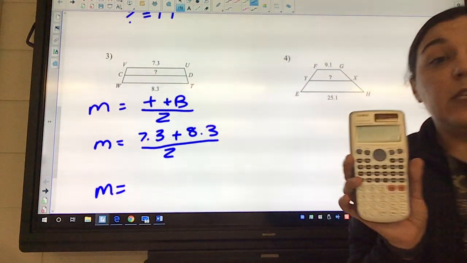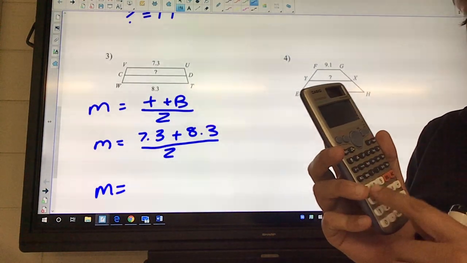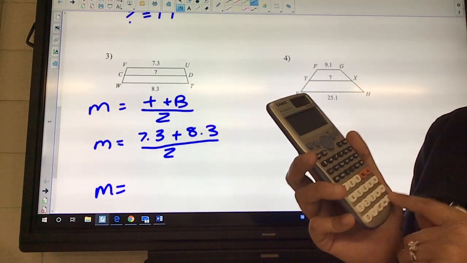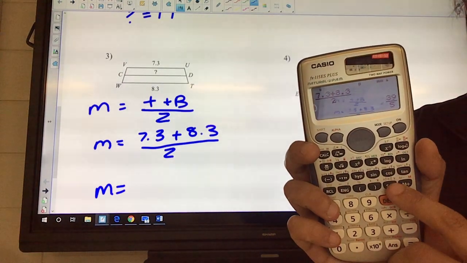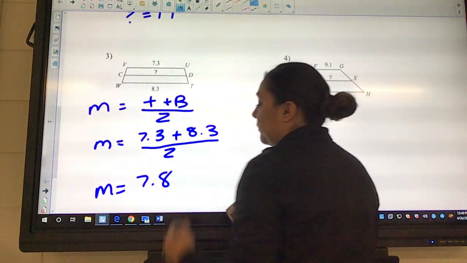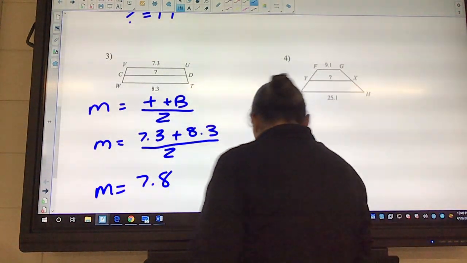If you're doing it on these calculators, you can just hit this fraction button and type it all in one. So you can say 7.3 plus 8.3 over 2. And if you get a fraction like this, you can hit the S to D button, and it's 7.8. So the middle is 7.8. It's really not that hard.